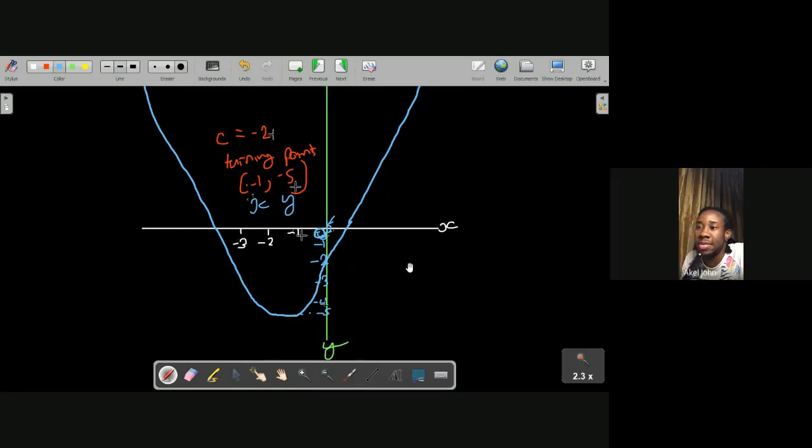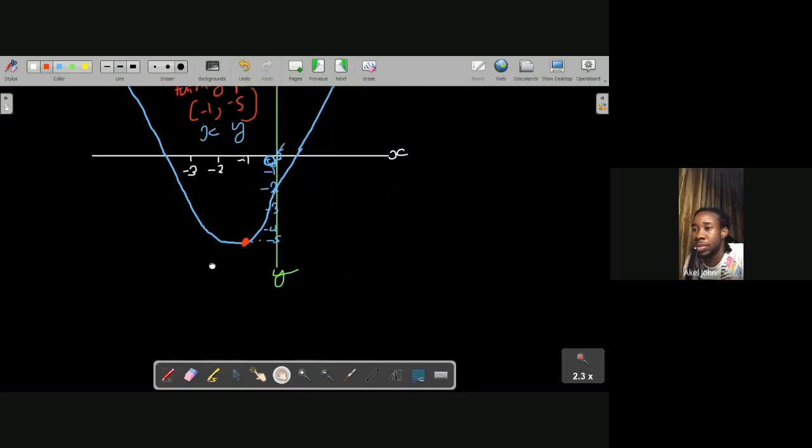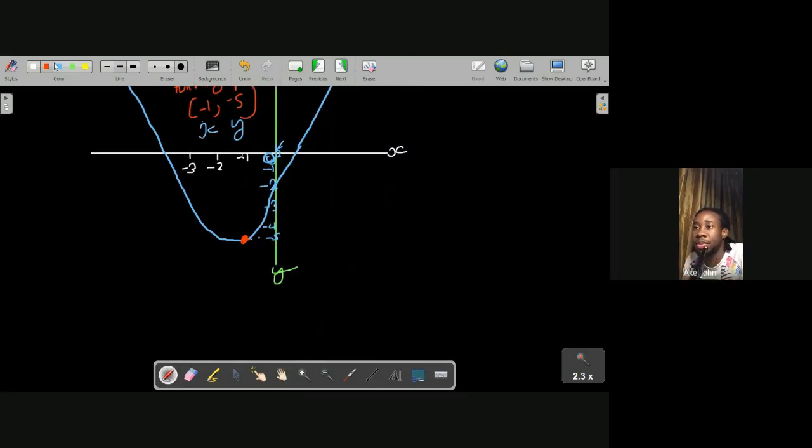So -1 and -5 right here would be our turning point, the minimum value.